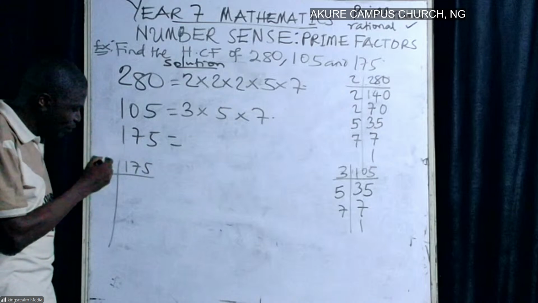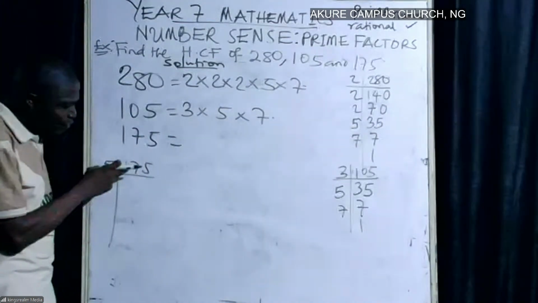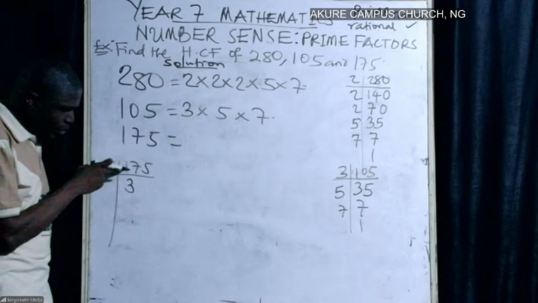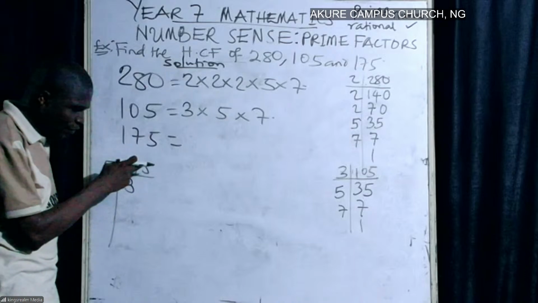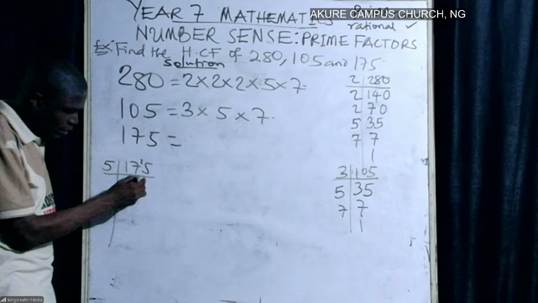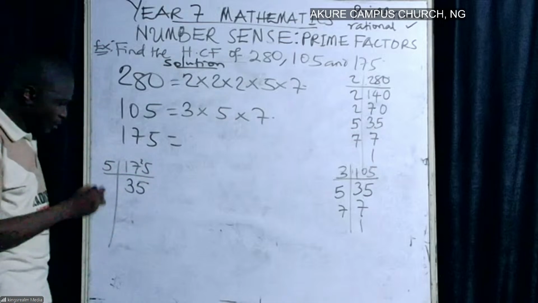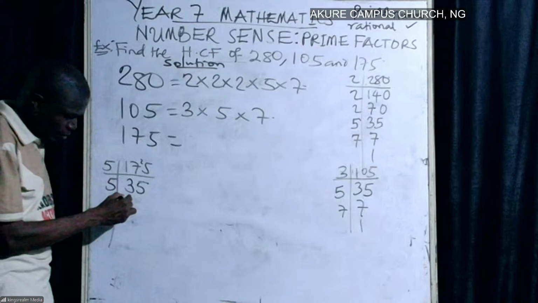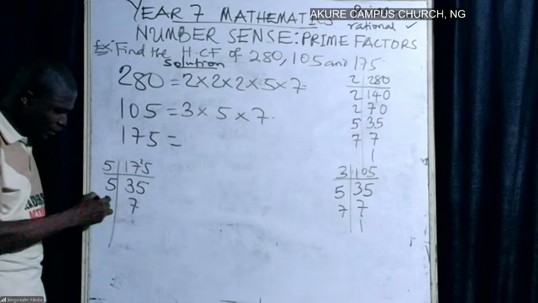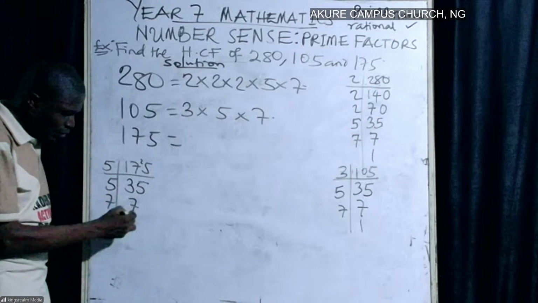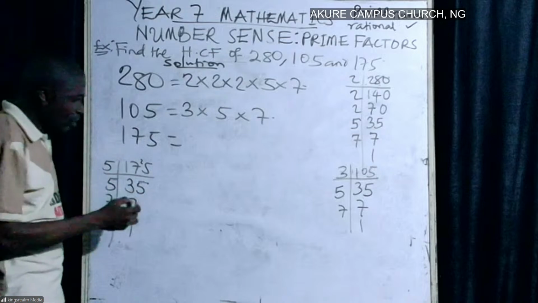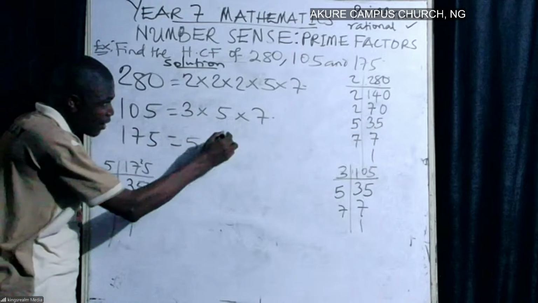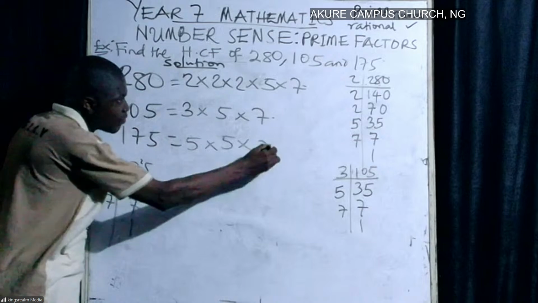So let's start with 5. 5 in 17, that will give us 3, remainder 2. 5 in 25, that is 5. Then 5 can also go again. 5 in 35, that is 7. And 7 in 7, that is 1. So the prime factors here are 5 times 5 times 7.